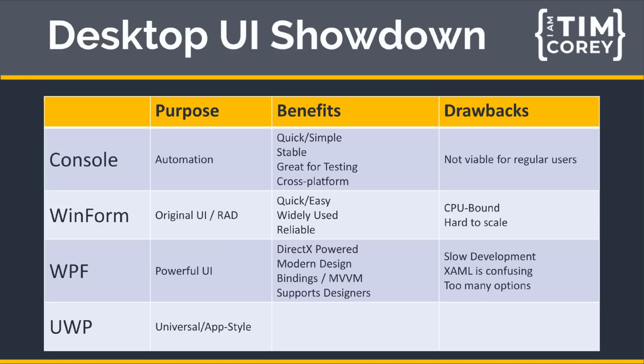Now, this is back in the WinRT days. This is pre-UWP. So Windows 8 and Windows Phone, which is now defunct, and Xbox. Now, the idea was it would go to all these different platforms.